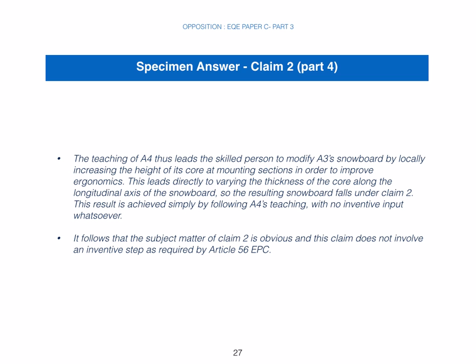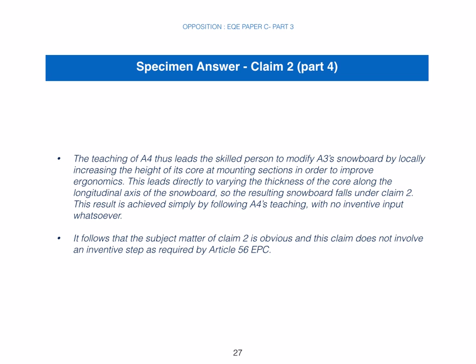The teaching of A4 thus leads the skilled person to modify A3's snowboard by locally increasing the height of its core at mounting sections in order to improve ergonomics. This leads directly to varying the thickness of the core along the longitudinal axis of the snowboard, so the resulting snowboard falls under Claim 2.